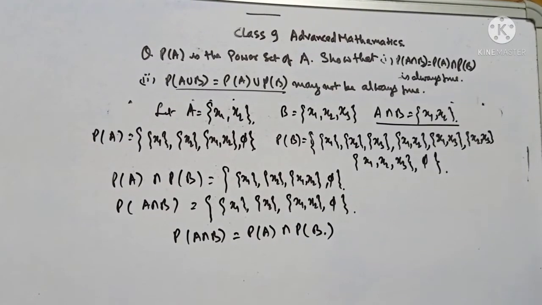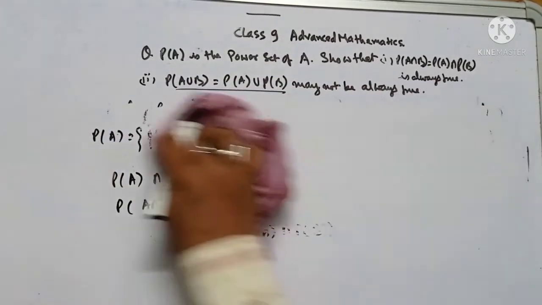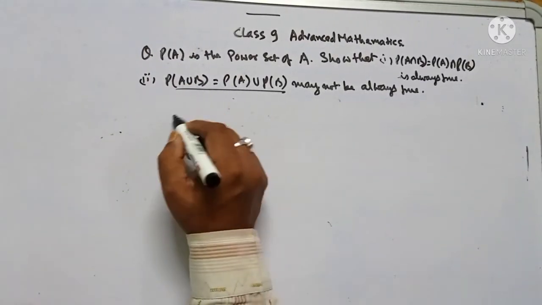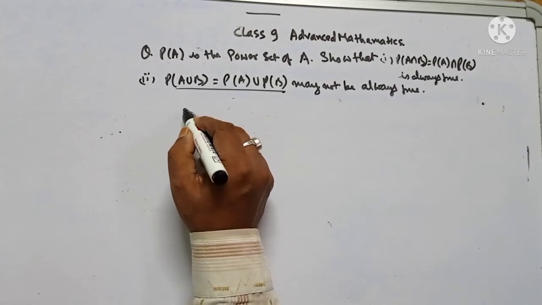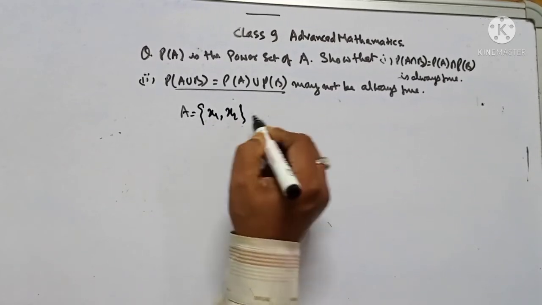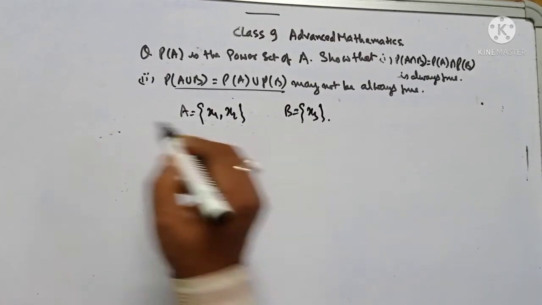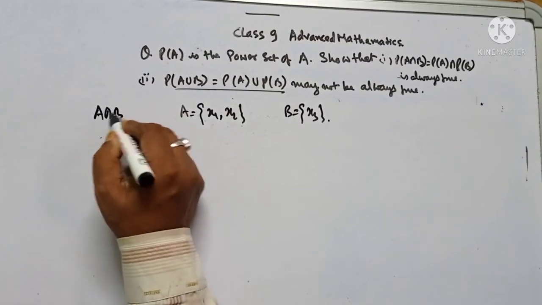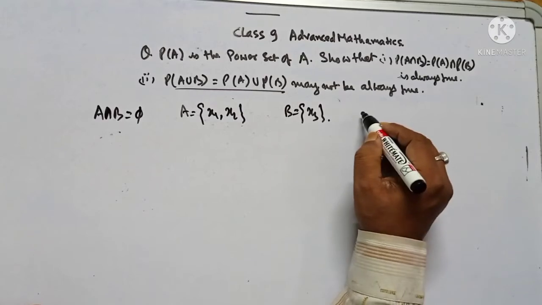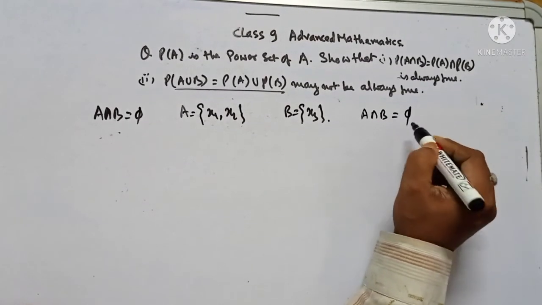Now let us take two disjoint sets, that is A equal to {x1, x2} and your B is equal to {x3}, that is A ∩ B is equal to phi. So here we see that A ∩ B is equal to phi.